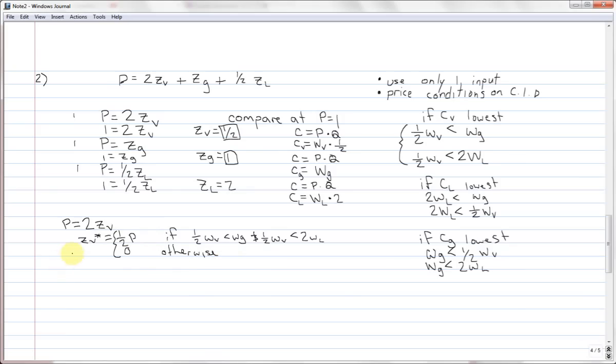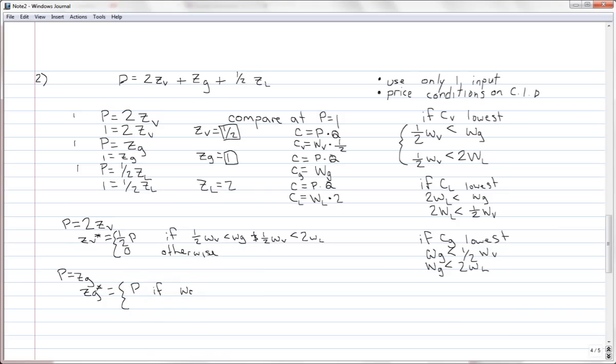And what if gators are the cheapest way to do it? Well, then P equals ZG. So ZG star, and I'm sure you can see where this is going.